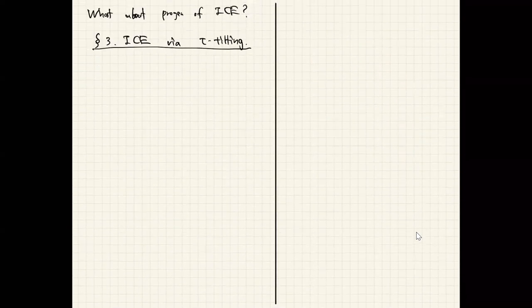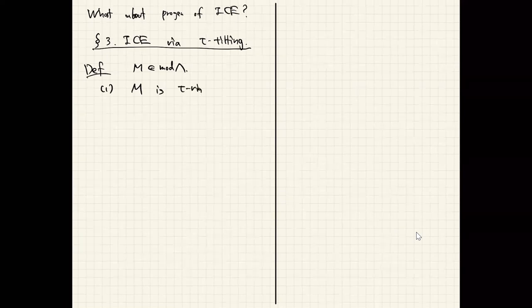So I quickly remind you of the related definitions of τ-tilting theory. And I remark that this is not the original definition, but maybe the simplest definition for those who don't know the Auslander–Reiten translation.